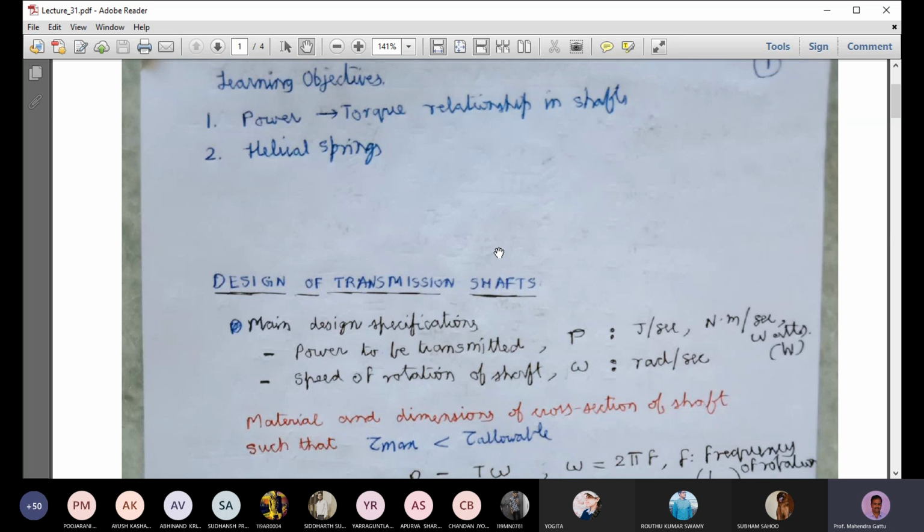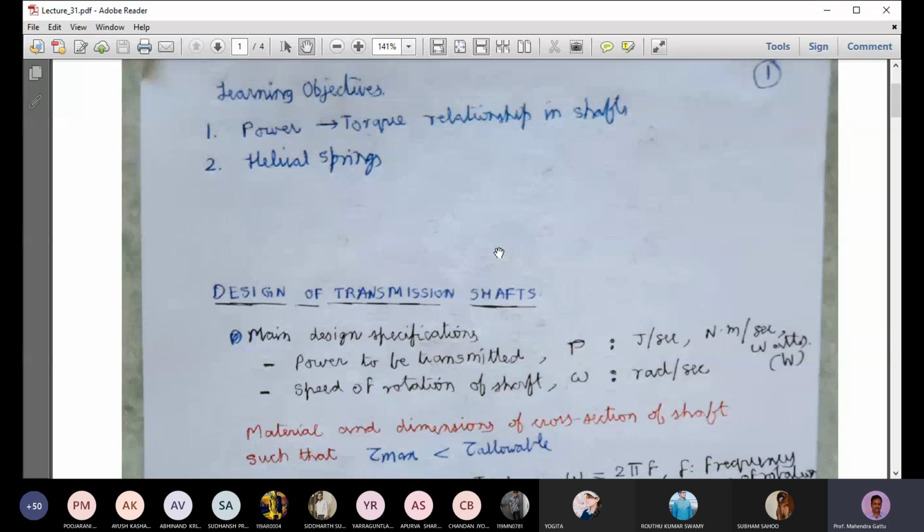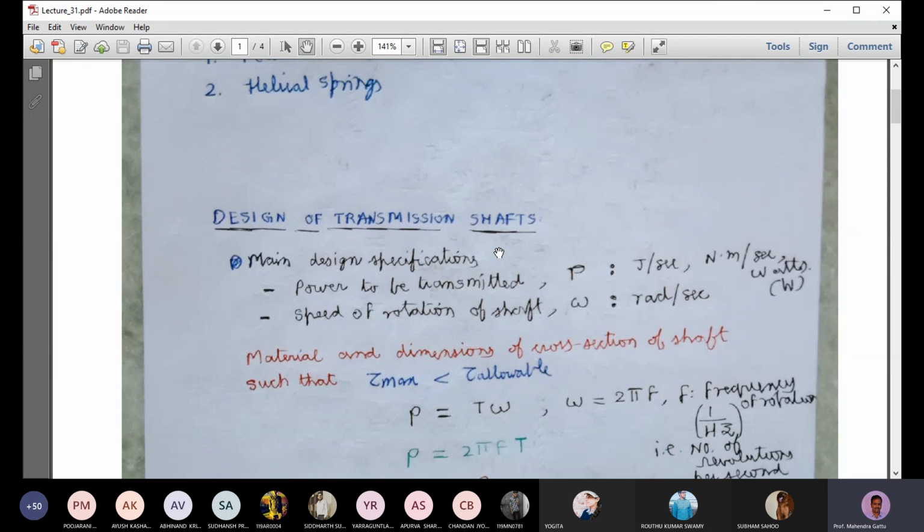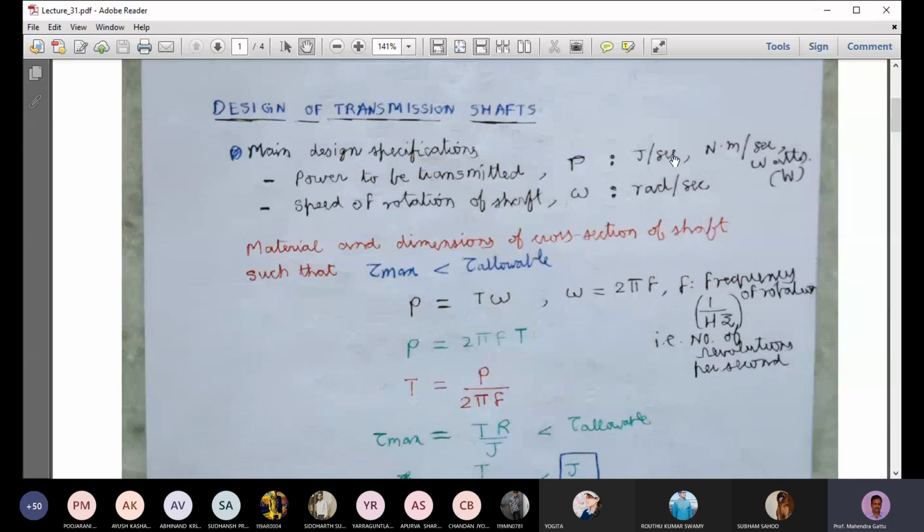Okay, one more thing we'll discuss. There is one term called power, used in shaft design. The power transmitted by the shaft is specified in terms of kilowatt or watt or joule per second or Newton meter per second.